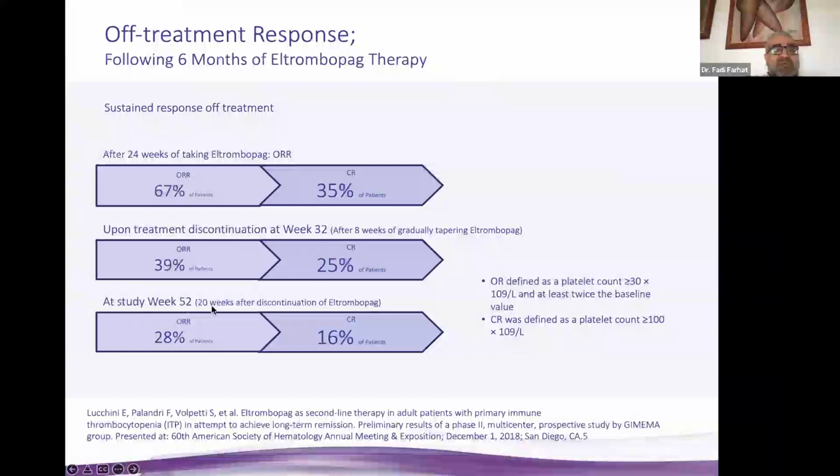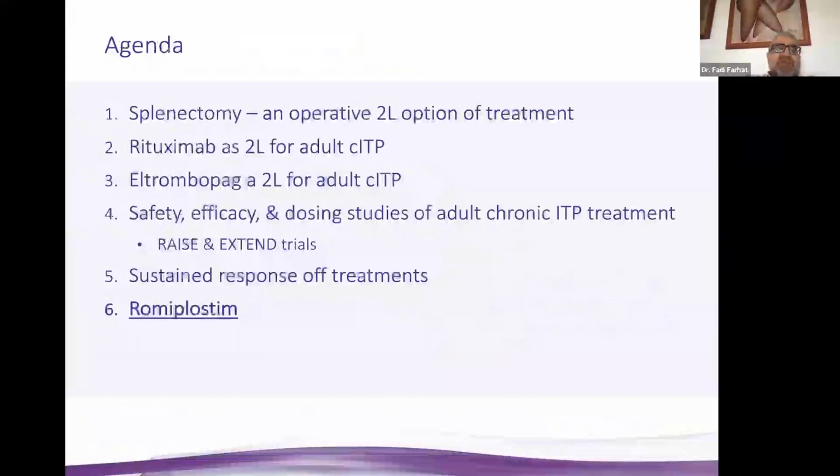At study week 52, 20 weeks after discontinuation of L-Thrombobag, which means we stopped the treatment, we still have 28% responding and 16% having a complete remission. And remember, it's defined by a level of more than 100 in this trial.